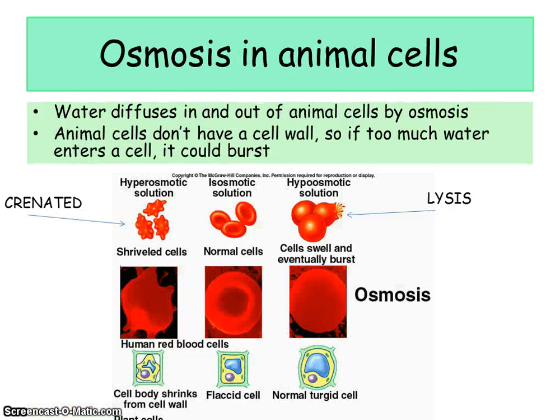Okay, so this is a really good diagram to show you what happens in plant cells and animal cells, because when we were talking about water entering into the cells, we're looking at the process of osmosis. And you'll see what I was just talking about in terms of turgid and flaccid.